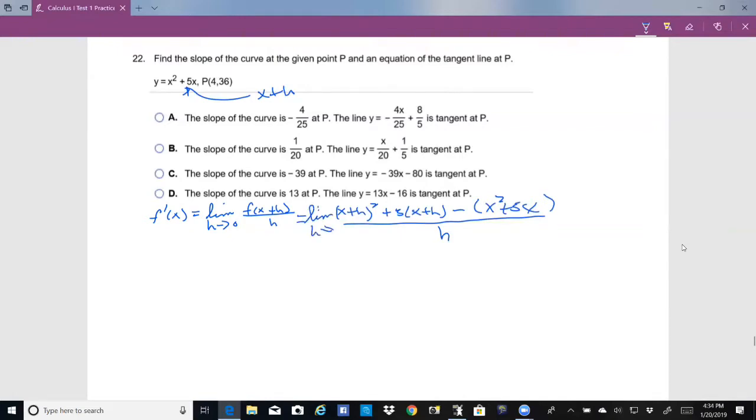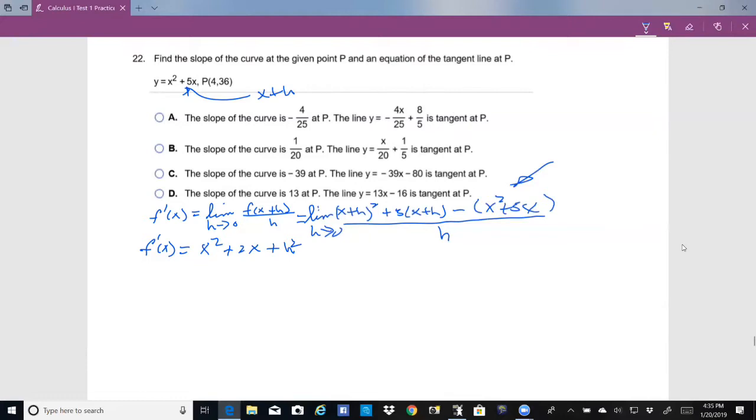Limit as h approaches 0. So we want to calculate this limit, and continuing, we get x squared plus 2xh plus h squared.